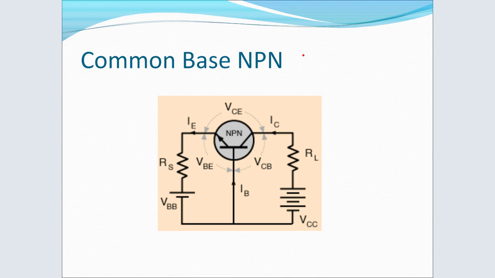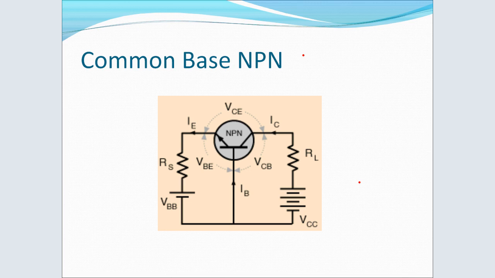Okay, so now RL on that particular circuit there is the load resistor, and it's connected through the collector terminal to determine if there is an effective flow of current in that particular circuit.